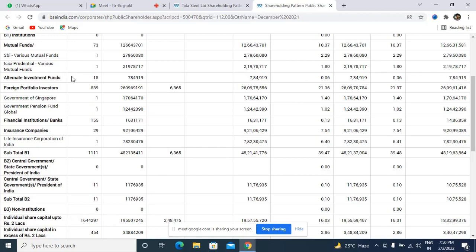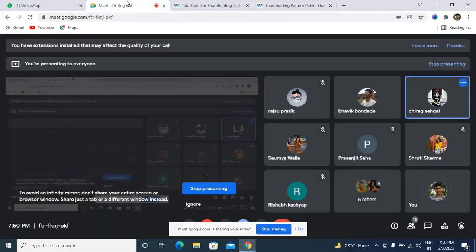Do you know what is alternate investments? So private equity and hedge funds. Those alternate investment guys are those who invest not only in traditional investment schemes, but also have various avenues to invest. They can be hedge fund managers, it can be hedge funds, private equities, even those who invest in real estate, gold, commodities, share market, putting it all together.